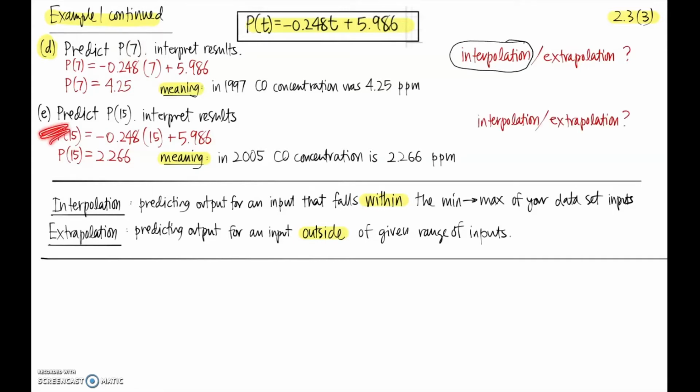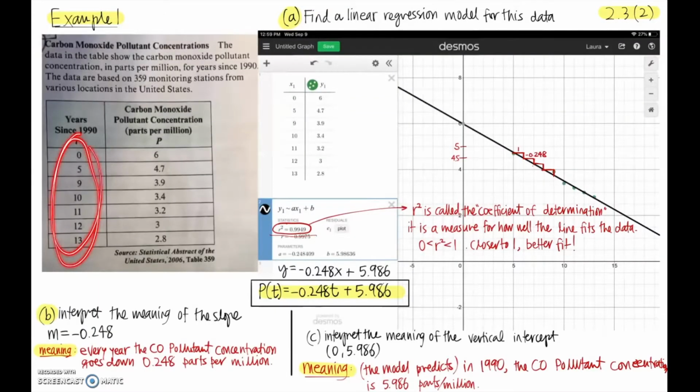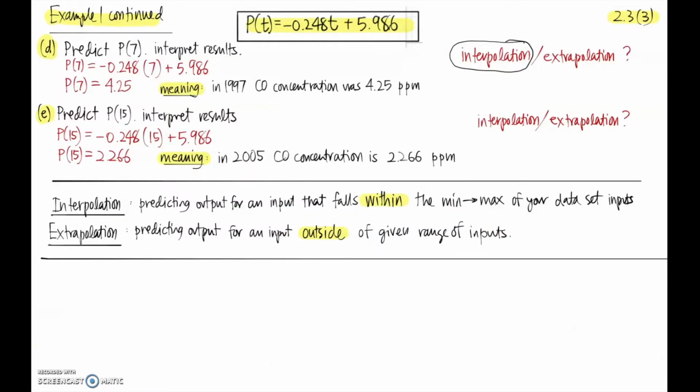And then we can ask the same thing for part E here. Was this prediction an example of interpolation or extrapolation? This time the input, 15, was outside of the range of the given inputs. And so because it's outside of the given range of inputs, this is an example of extrapolation. Two different types of predictions.